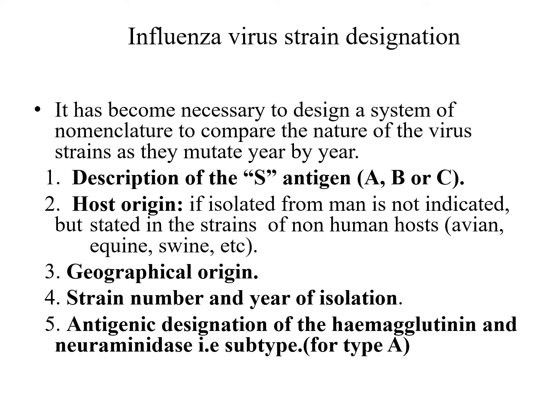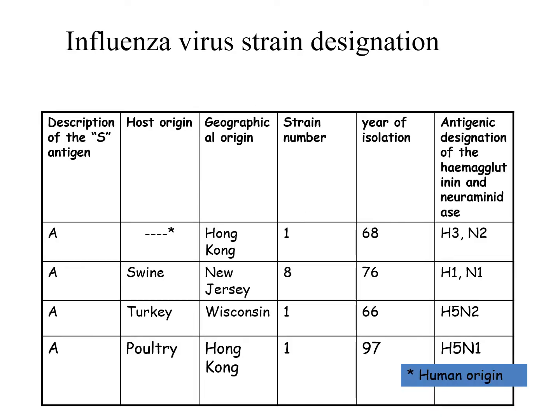So is it human? Is it bird? Is it swine? Is it equine? It needs to be mentioned. If it was of human origin, then the host is not going to be mentioned. Then the geographical location where the virus was first isolated, then the strain number and the year of isolation, and then the antigenic designation of the hemagglutinin and neuraminidase.